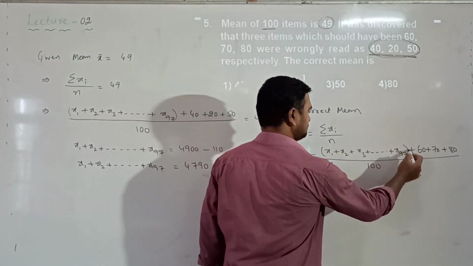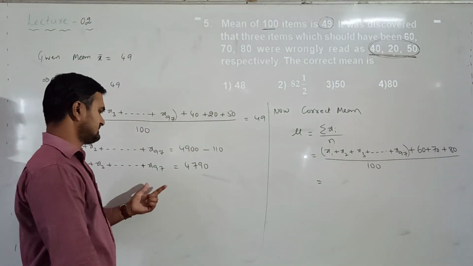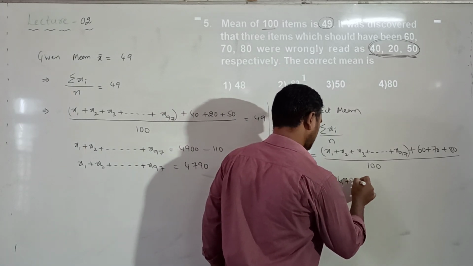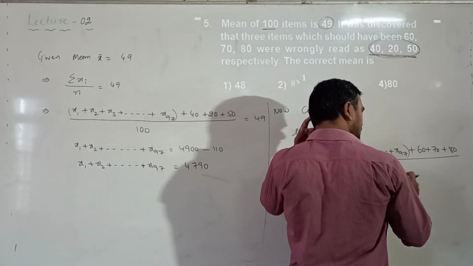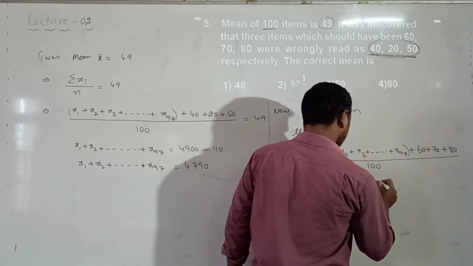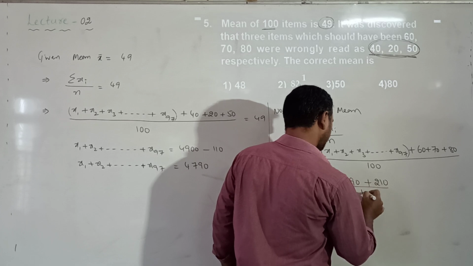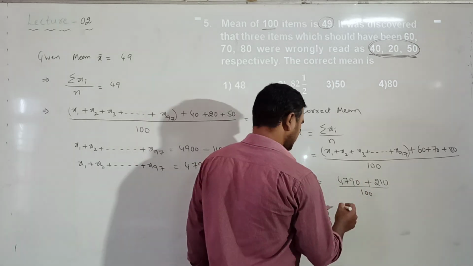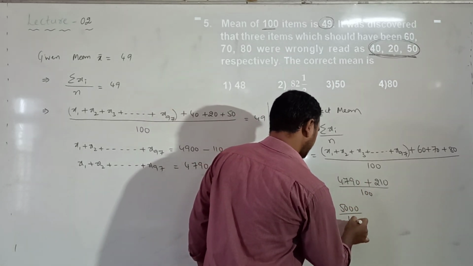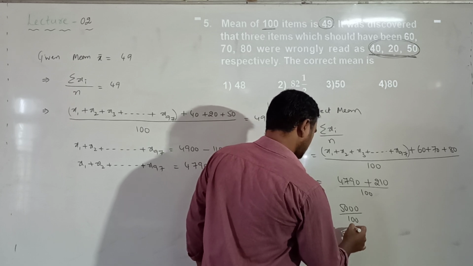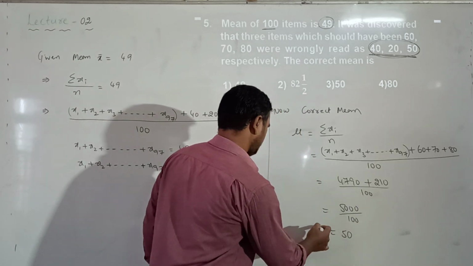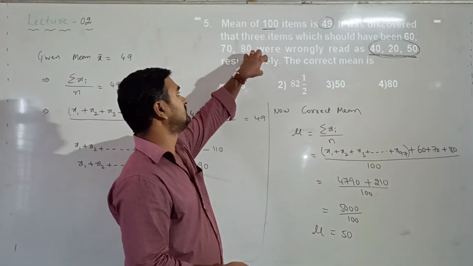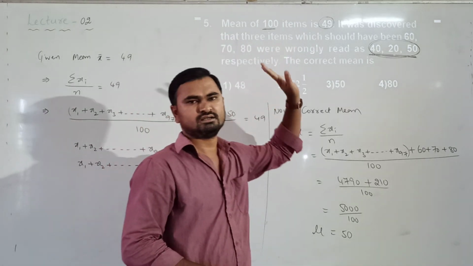Now this value we already know. The sum of the first 97 observations is 4790 plus 210, we get 5000 divided by 100, which will be 50. So the correct mean will be 50 if you take the correct observations as 60, 70 and 80.